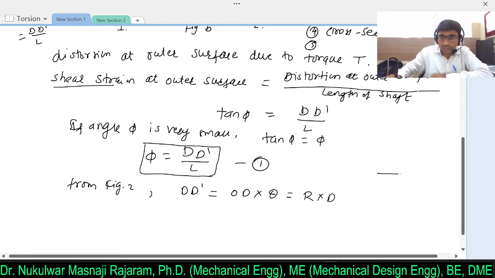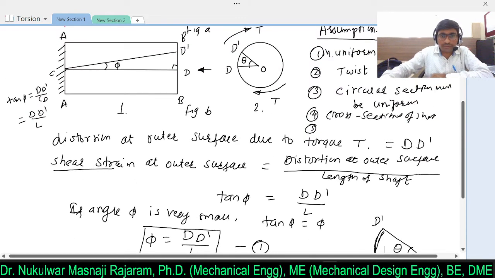So I will show you here how this equation came. So this was the D, this was the D dash, and this was angle theta. Simple.